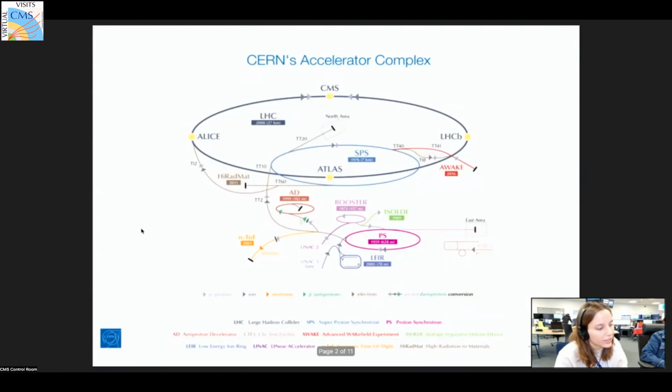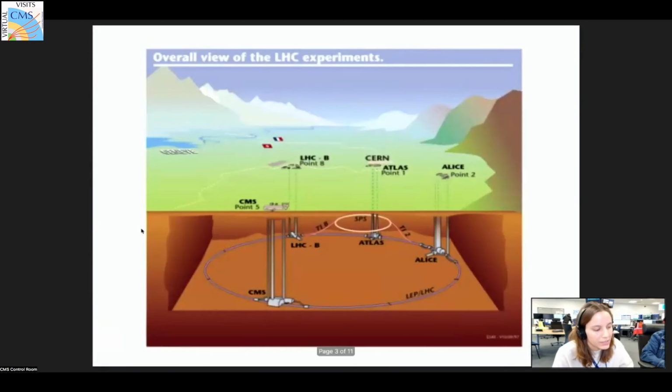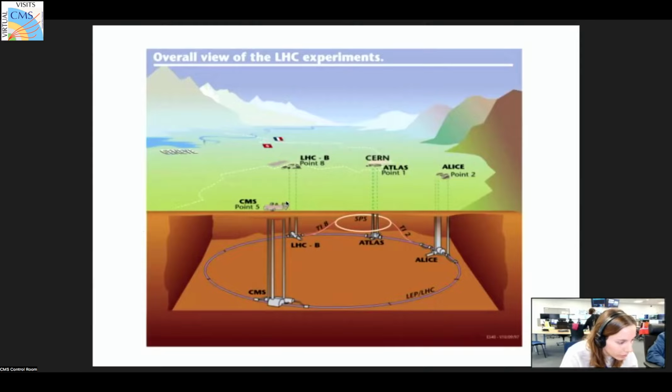Let's say the interesting aspect about CMS is that it's a multi-purpose detector. So we basically are able to see almost all fundamental particles, and we can reconstruct a lot of different kinds of physics. So we are on the surface. You see here CMS, it's the first one to the left. It's also called Point 5.